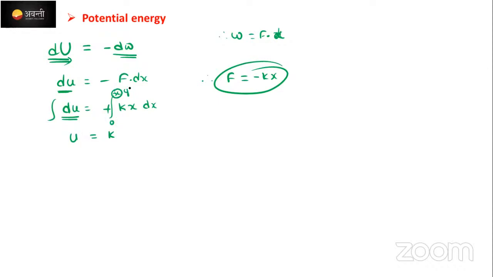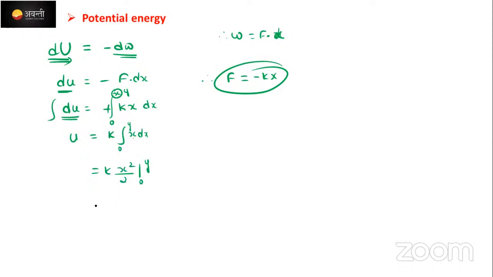Displacement is y here. That's why, then it will become, look guys, integration of x from 0 to y into dx. Correct? k into the integration of x gives x square by 2 with limit 0 to y.